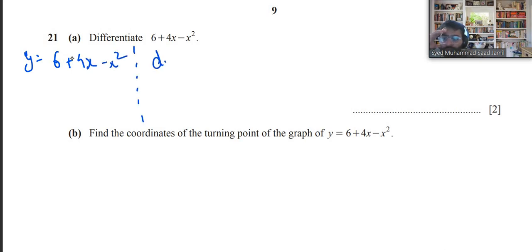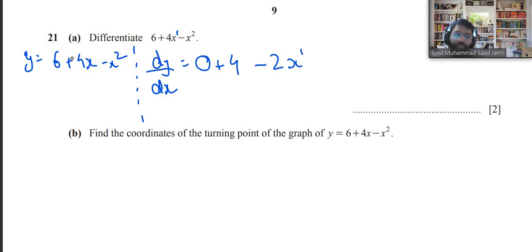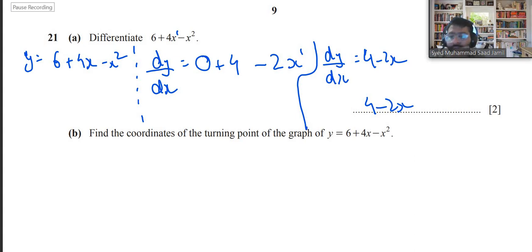Differentiation means you will do dy over dx. 6 will become 0 because there is no x with 6. 4x means 4x raised to the power 1, so 1 multiplied by 4 is 4, and x will finish. Minus 2 multiplied by x, and x will become raised to the power of 1. So dy over dx is equals to 4 minus 2x. That is going to be your answer.